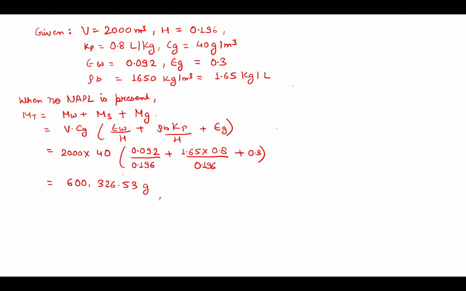So this is meter cube and this is gram per meter cube, so the final expression we will get is in grams. To convert it into kg, we divide by 1000. So it is coming out to be 633 kg. So this is the total mass of the contaminant when there is no NAPL phase present in the aquifer.